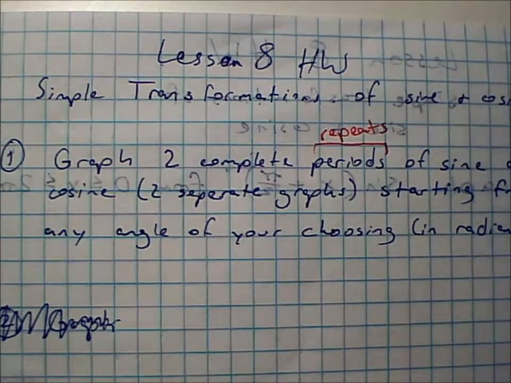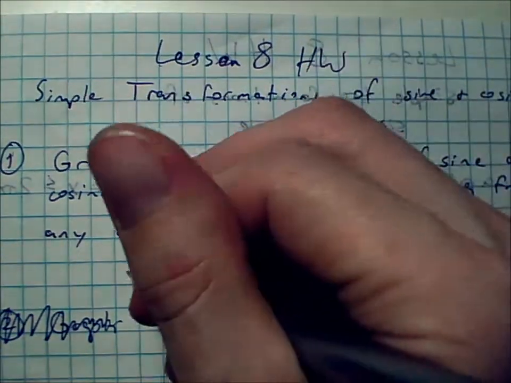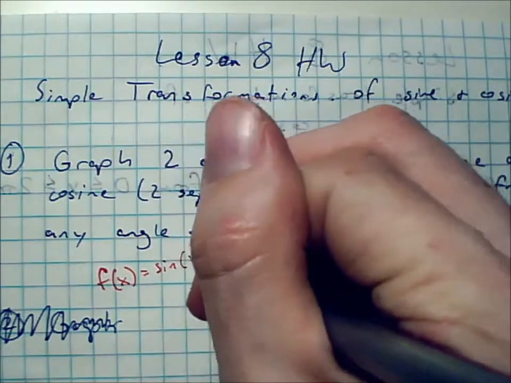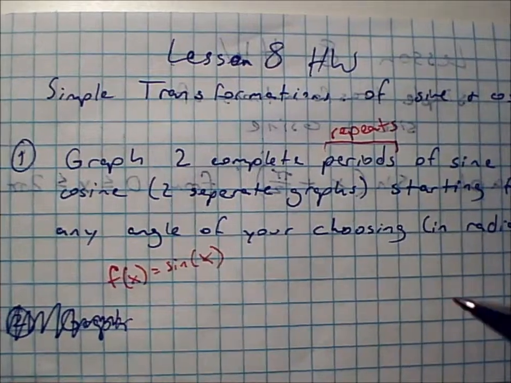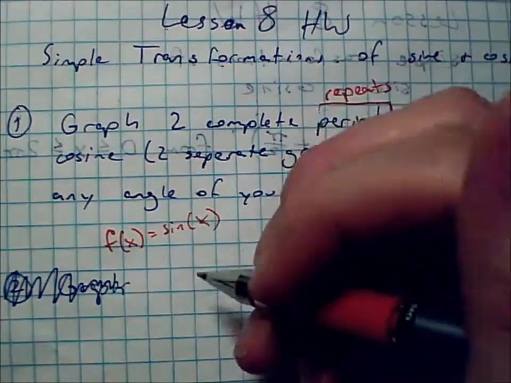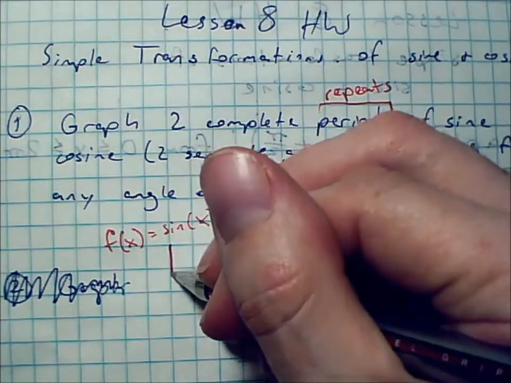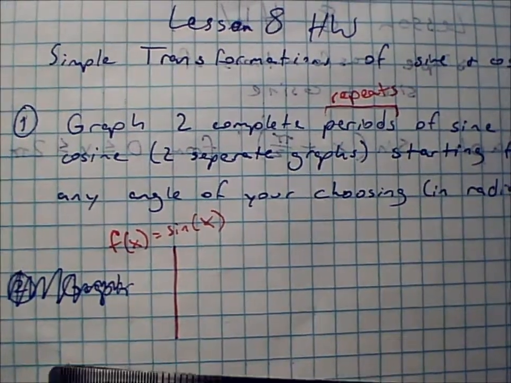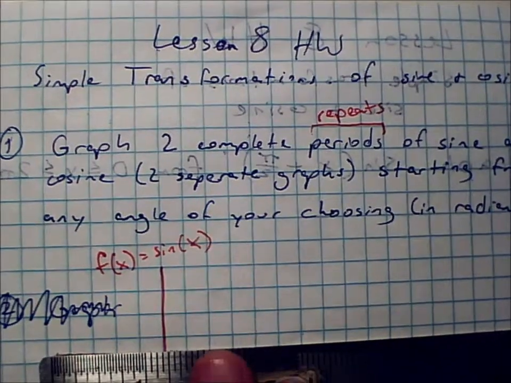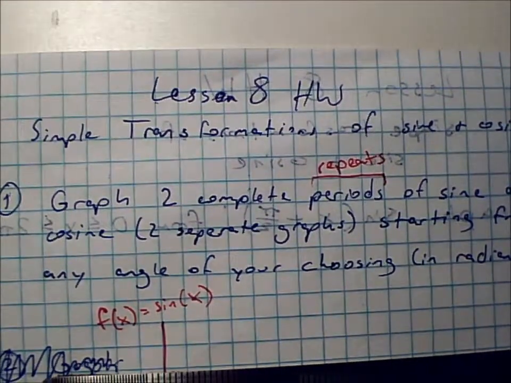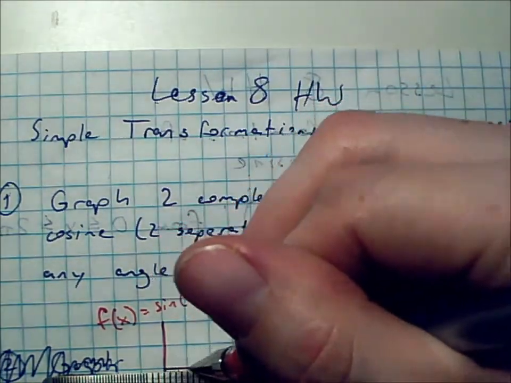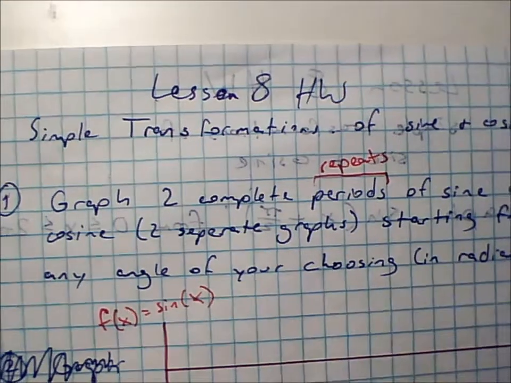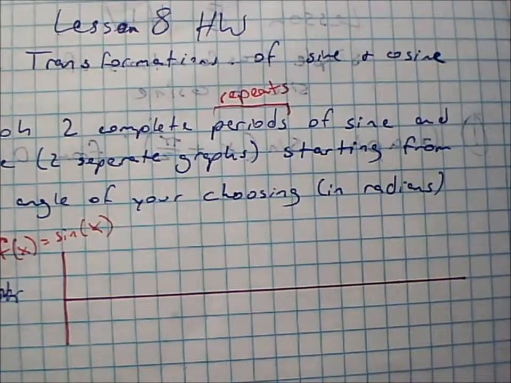So I'm going to start. Let's do sine first. Because I can start wherever I want, for sine I'm going to start from 0, meaning an angle of 0. That should be far enough.